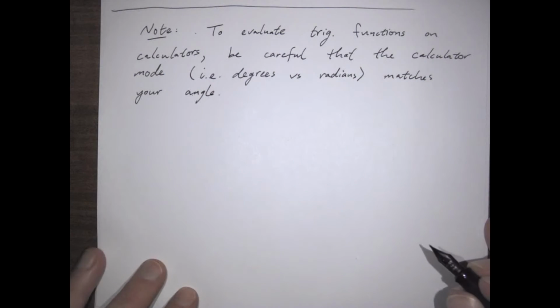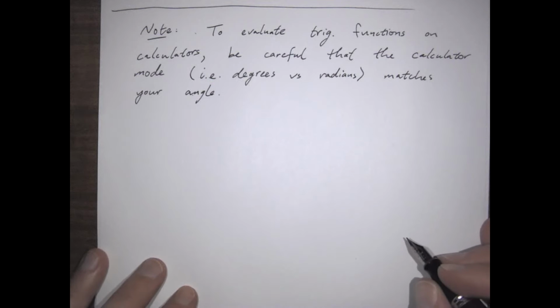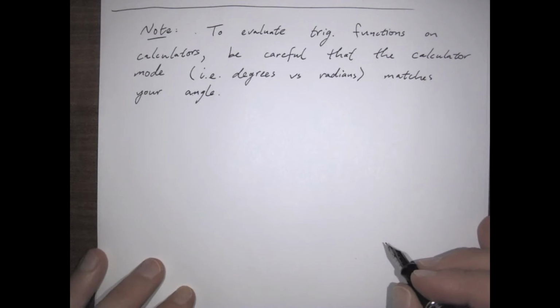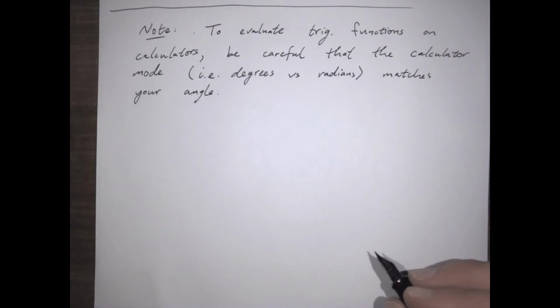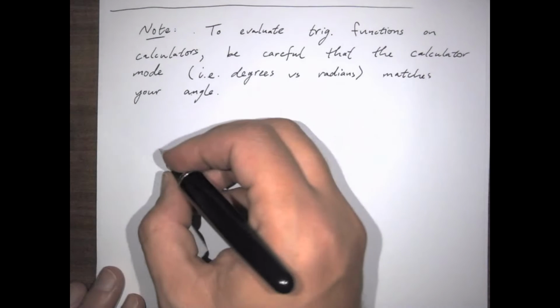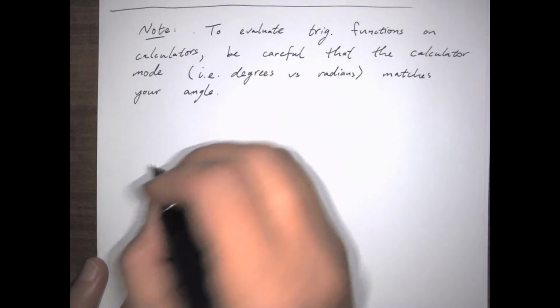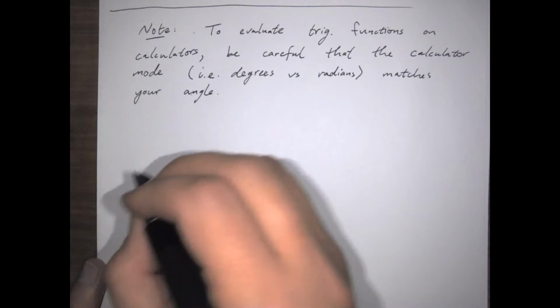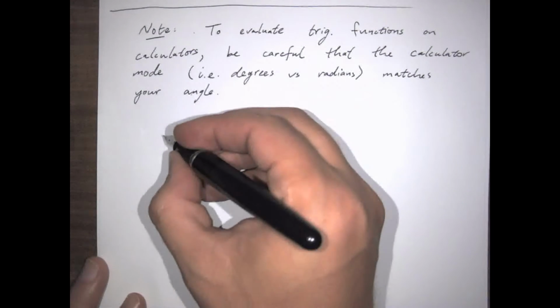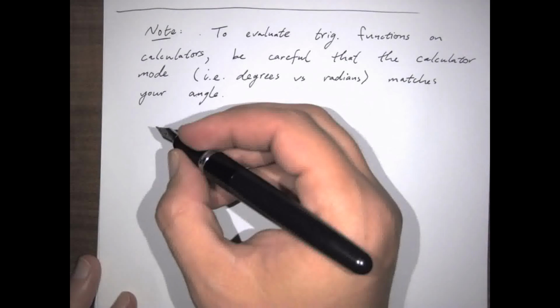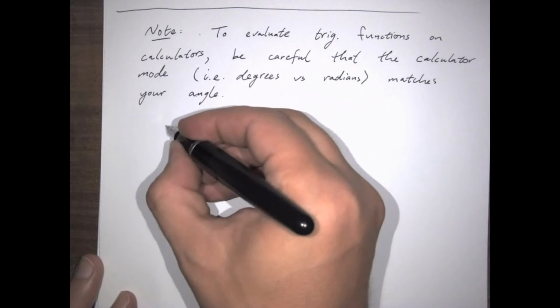Also, most calculators don't have any of the fancier trig functions. They usually just have the sine, cosine, and tangent, at least on the face of them. Maybe you can root around in a catalog or something to find the other ones. But if that's your situation, you can just evaluate the more exotic functions in terms of the easier ones.